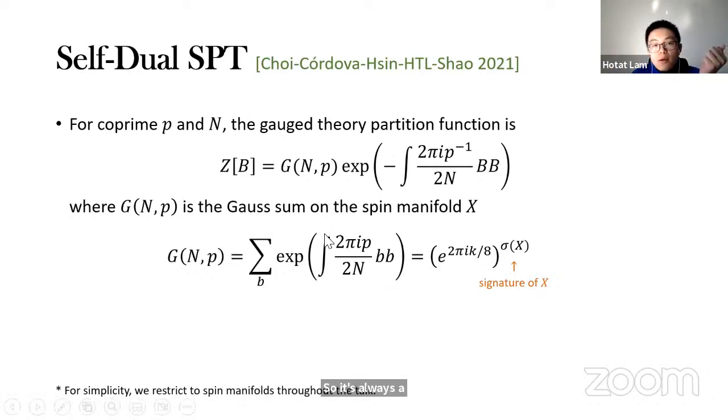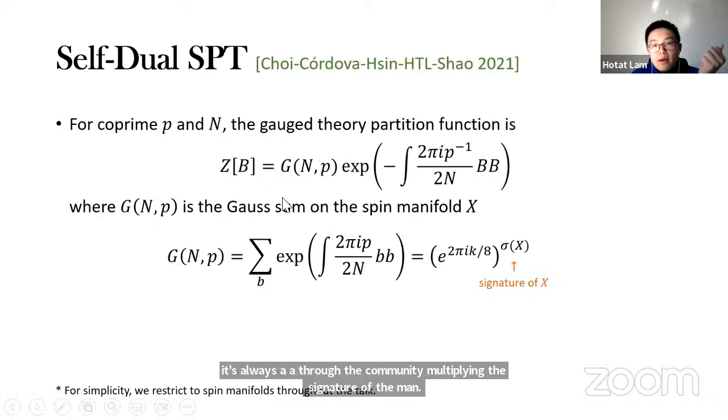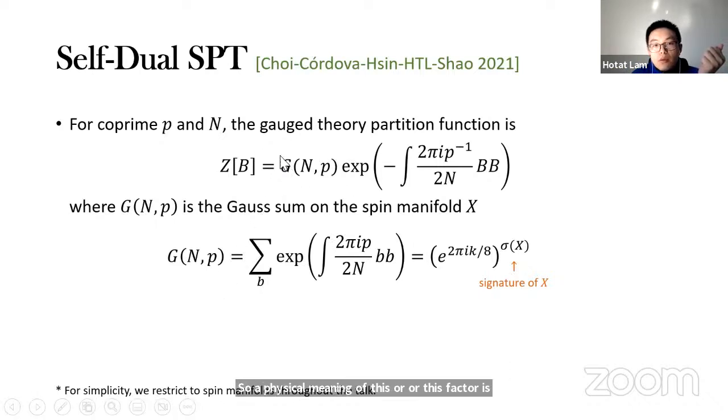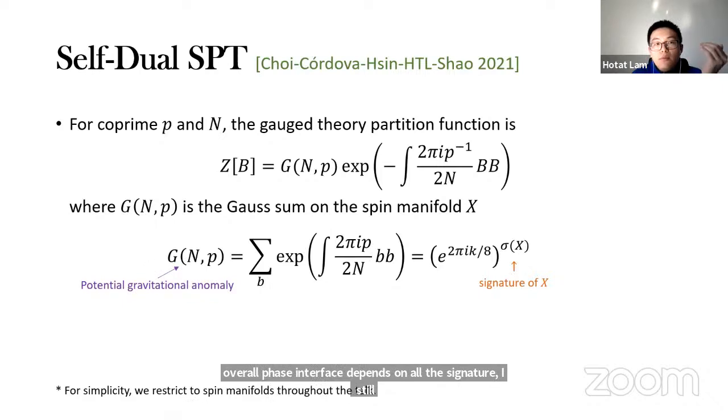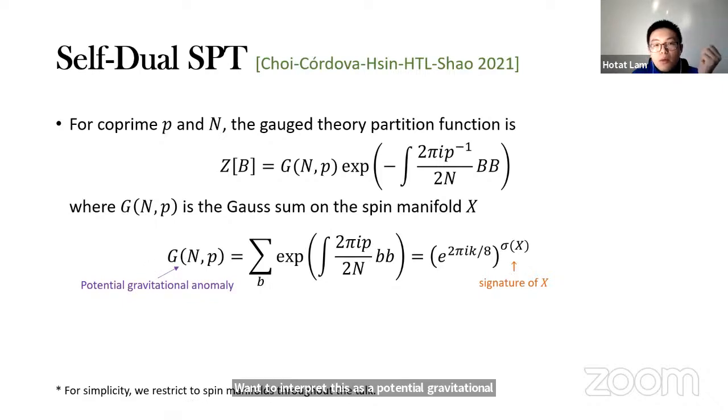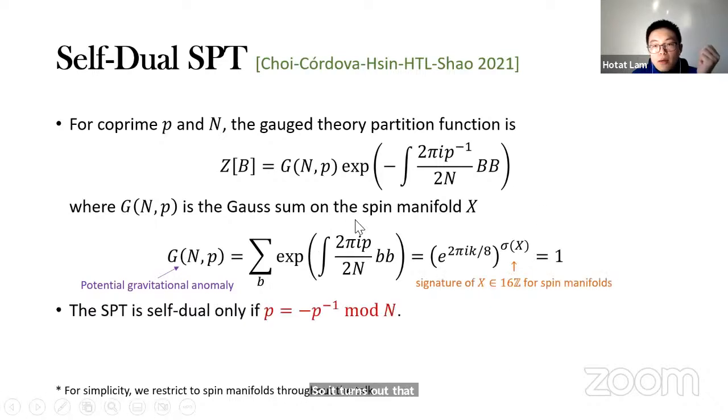The physical meaning of this Gauss sum factor is that if it is non-trivial, then the partition function after gauging can potentially be different from the partition function before gauging by an overall phase, and that phase depends on the signature. One can interpret this as a potential gravitational anomaly of this duality symmetry. But there's a nice fact: if we work on spin manifolds, the signature of the spin manifold is always a multiple of 16.